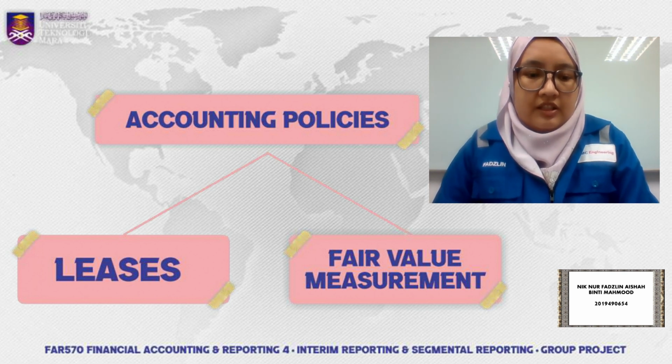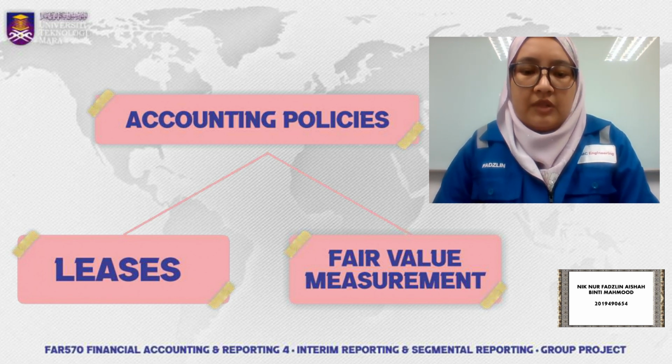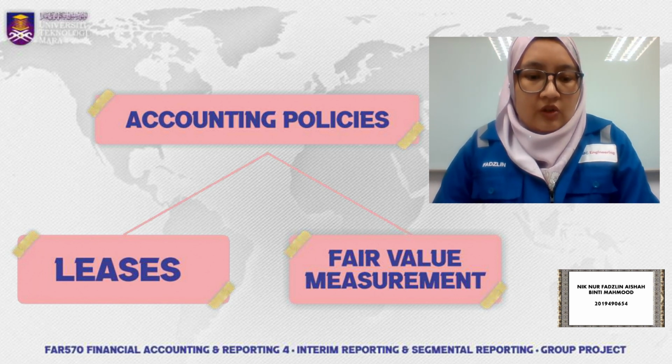MFRS 13 defines fair value, sets out in a single MFRS standard a framework for measuring fair value, and requires disclosure about fair value measurement. MFRS 13 does not determine when an asset, a liability, or an entity's own equity instrument is measured at fair value.